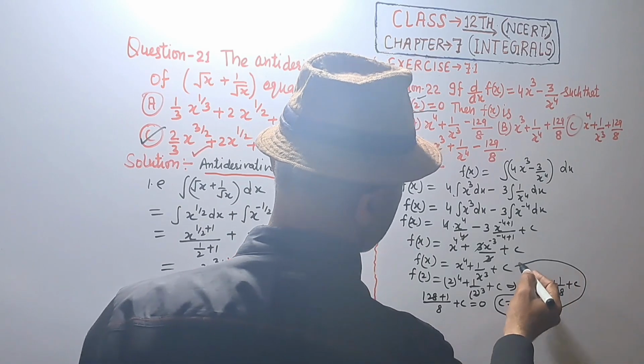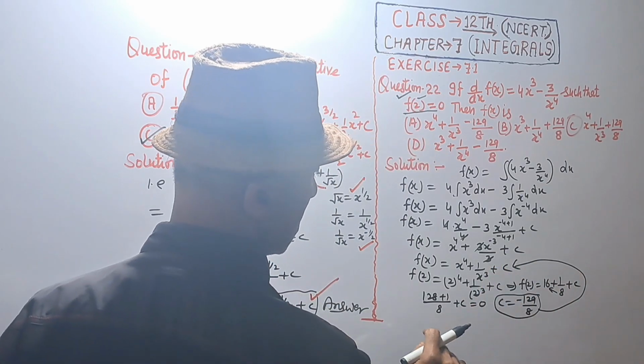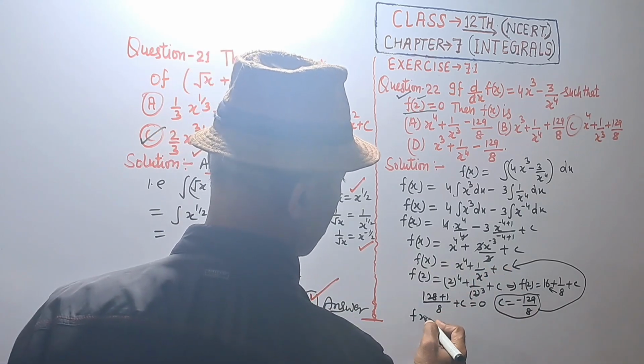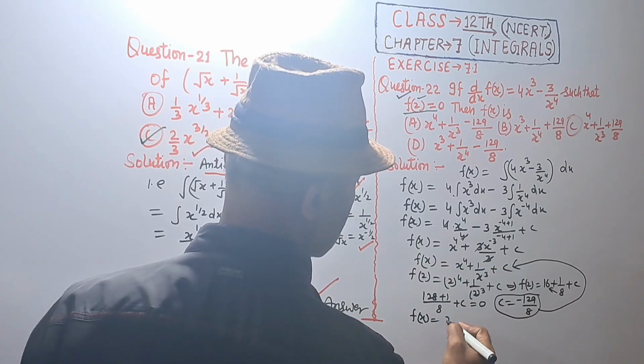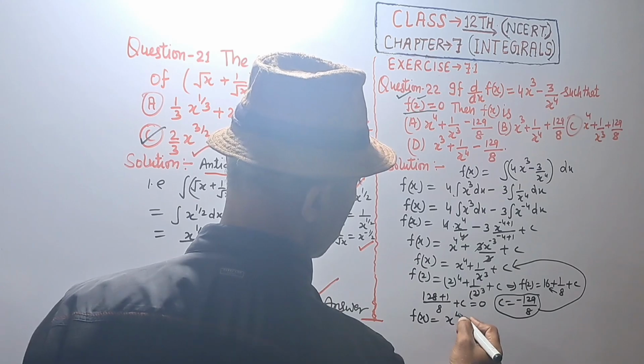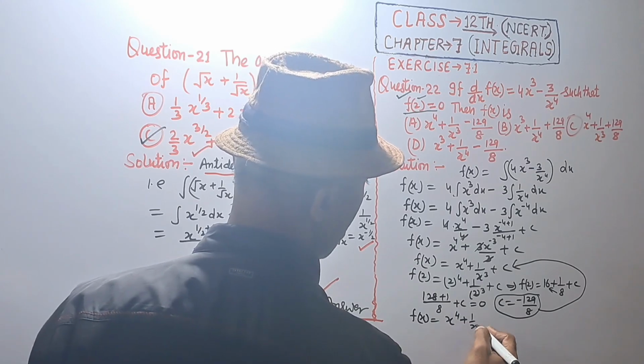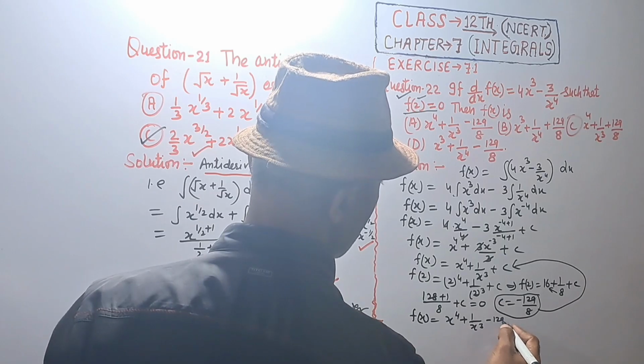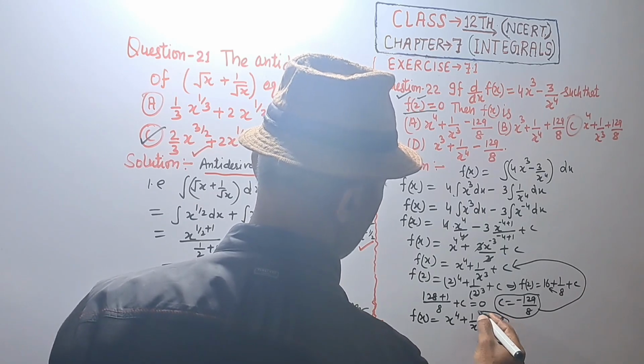We put the value of c in here, then f(x) will be x raised to power 4 plus 1 upon x raised to power 3 minus 129 upon 8.